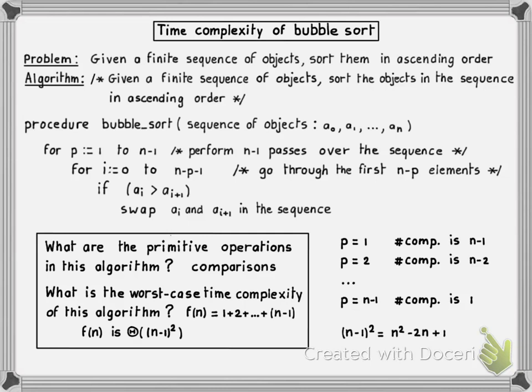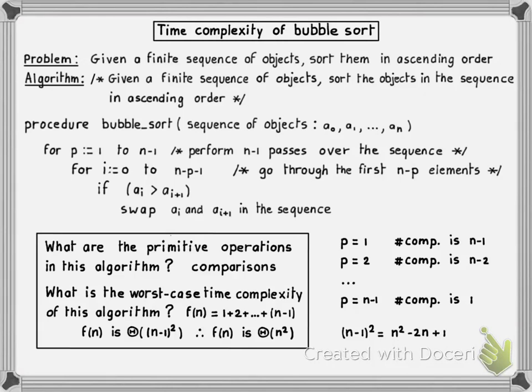We of course know that n minus 1 squared is equal to this polynomial of degree 2. Every polynomial of degree 2 is dominated by its largest power of n, and therefore this function here is big theta of n squared. And as a final result, then f of n is also big theta of n squared.